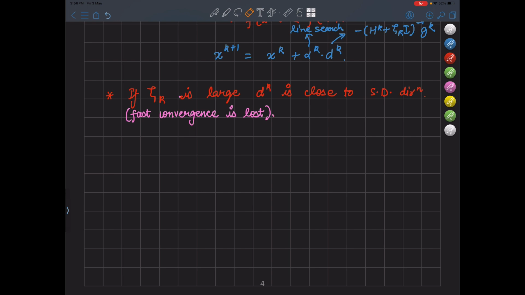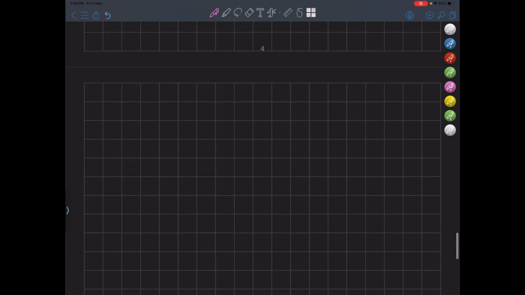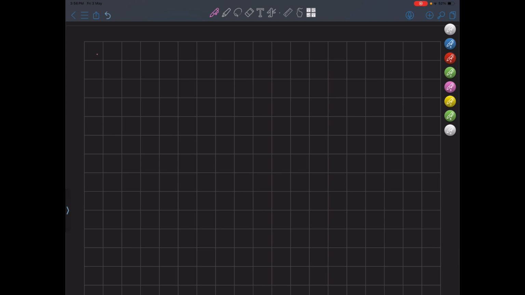We saw in the classical Newton method that the initial point has to be selected very close to the optimal point, but in the modified Newton algorithm it will converge from any point. So let's look at this method in algorithmic form. Modified Newton algorithm.